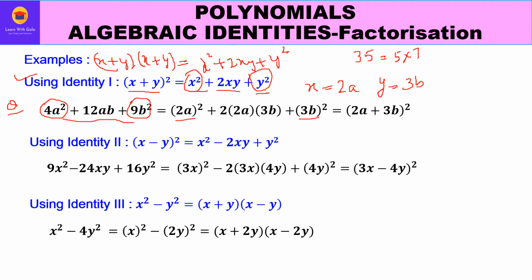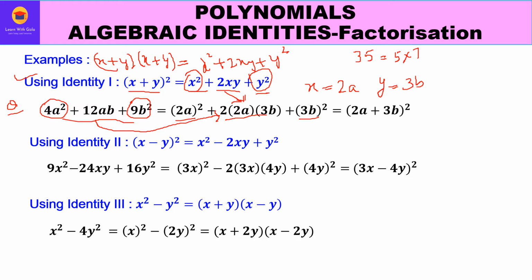Right? This is understood. Now in between we have 2 into x into y. So 2 into 2a into 3b. Exactly the same identity we are using over here, identity 1, where we are just splitting this 12ab according to this identity, 2 into x into y. That means 2 into 2a into 3b, which is actually, if you observe, 2 into 2 is 4, 4 into 3 is 12, into ab.